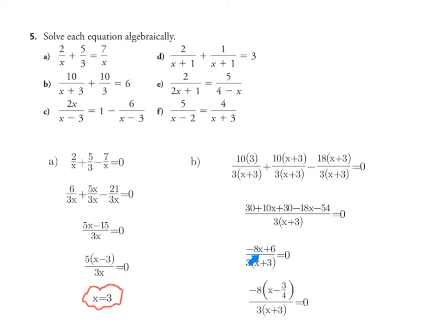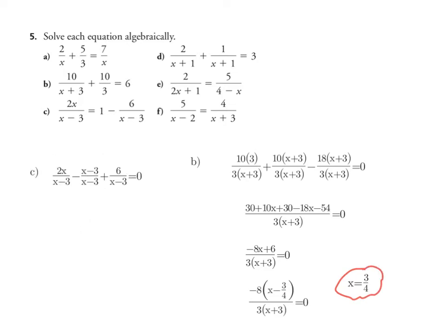Take out a negative 8 so that it's just x plus something or x minus something here. So it's actually negative 8 times x minus 6/8, but 6/8 can be reduced to 3/4. And we know what our 0 is. It's when x equals 3/4. And just check on the bottom, make sure that 3/4 doesn't make this 0, which it doesn't. So x equals 3/4 is our final answer.